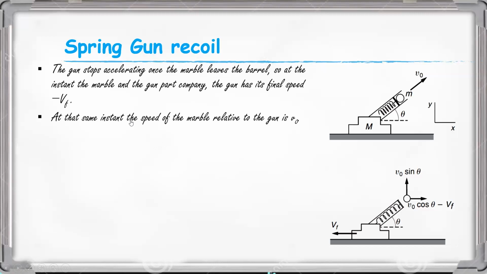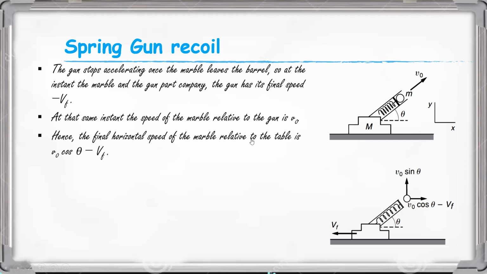At that same instant, the speed of the marble relative to the gun is V0.